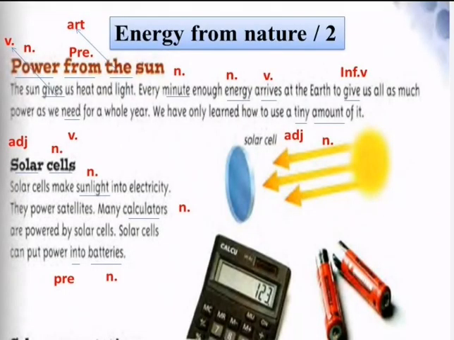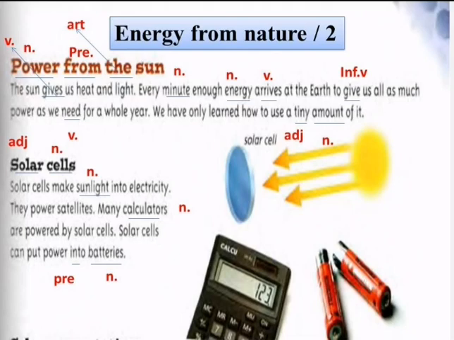Now my dear students, let's write the part of a speech for some words in each paragraph. Let's start with paragraph number 1. Power, noun. From, preposition. The, article. Gives, verb. Minute, noun. Energy, noun. Arrives, verb.